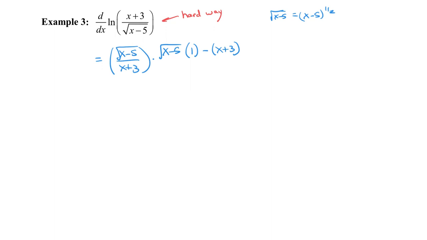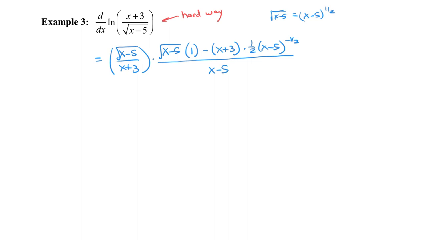But when I take the derivative here, I'm going to get times 1/2 x minus 5 to the minus 1/2. And then again, times the chain rule, which is the derivative of x minus 5, which is just 1. Okay, then we go all over the square of the bottom. Well, the square of a square root, that will cancel, so we'll just get x minus 5 down there.